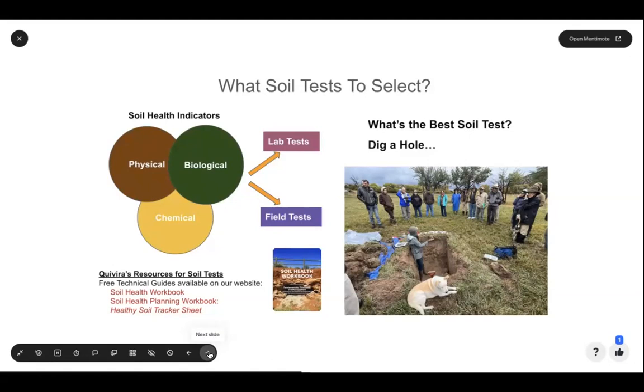Do you see insects when you dig into the soil? What does the vegetative cover look like? All of that, I think, is really helpful information. How can we use our senses, our sight, our touch? How does the soil smell? All of those help to understand what's going on within the soil. Next slide.